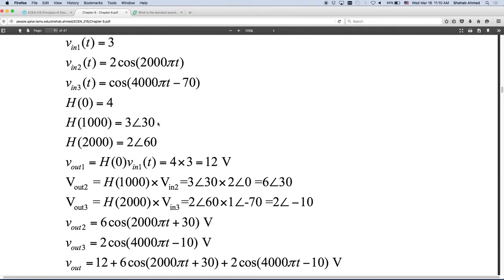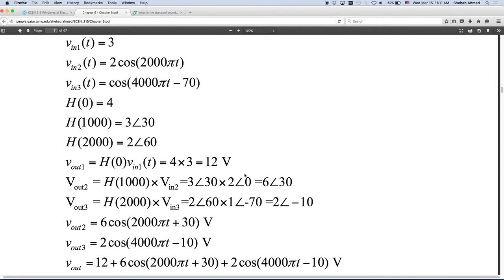Then 2 angle 0 multiplied by 3 angle 30, which is my transfer function at 1000 hertz. Then 1 angle minus 70 degrees multiplied by 2 angle 60 degrees, which is my transfer function at 2000 hertz. So you get 2 angle minus 10. Right? So this is the output in phasor form.